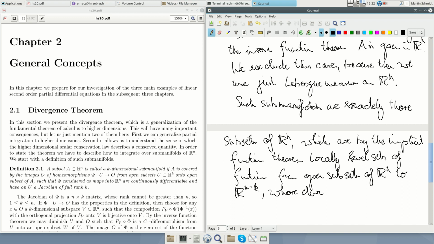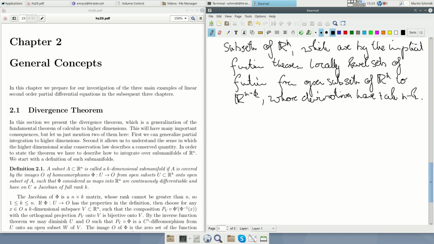whose derivatives have rank n minus k. So we fix n minus k dimensions and then remain k degrees of freedom. For these reasons, these are k-dimensional submanifolds.